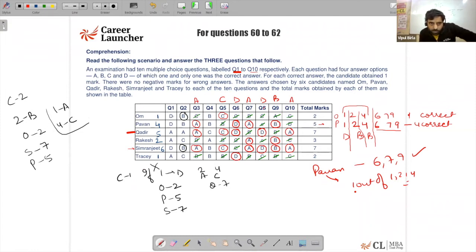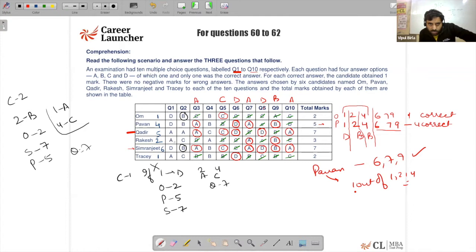I'm saying first is A, second is B, and fourth is C. So first is A, Kadir got this correct, and fourth is C, Kadir got this correct, second got wrong, so Kadir will have 7. Okay. Look out for Rakesh.